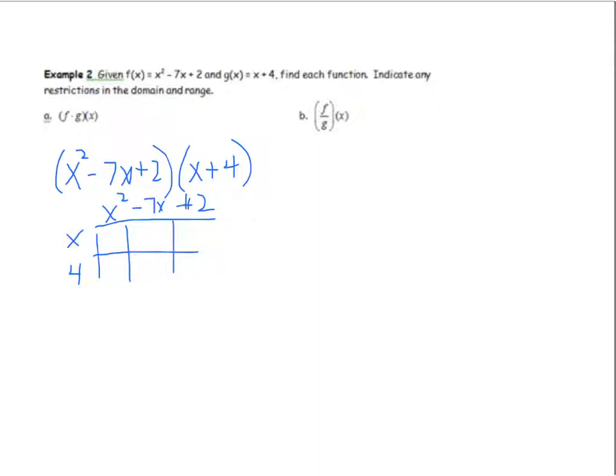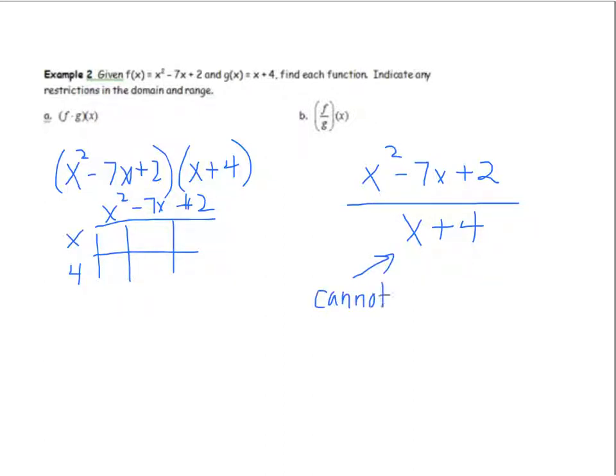Now division is a little bit different, so I would put x squared minus 7x plus 2 over the g function, which is x plus 4. And x plus 4 is not a factor of x squared minus 7x plus 2. But remember that we cannot divide by 0. So we have to limit the domain. So the domain on this one here, for the multiplication of functions, is just all reals.